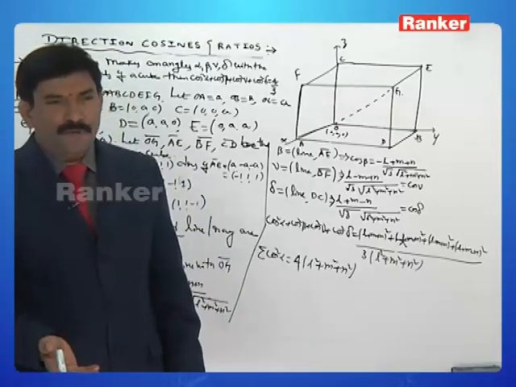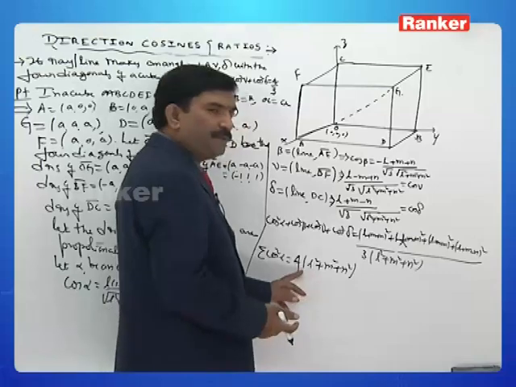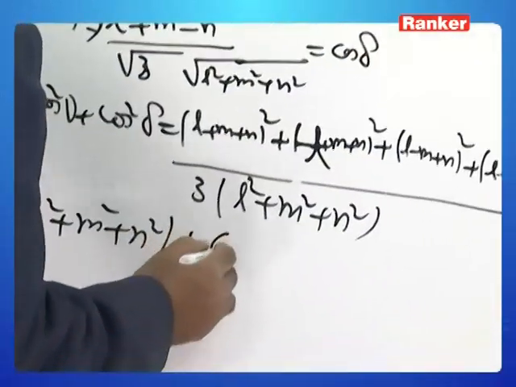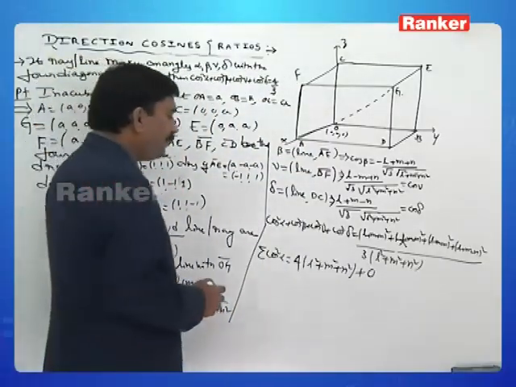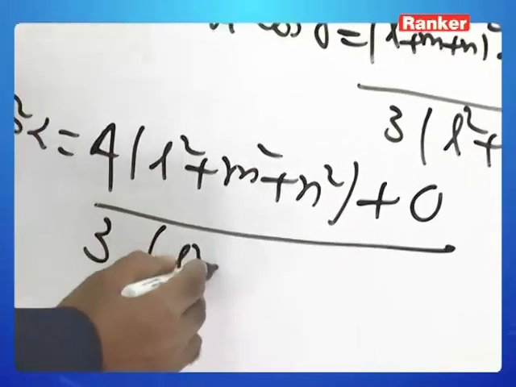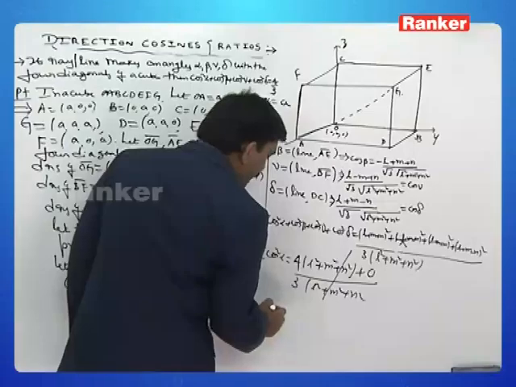So therefore we have arrived at 4 into L square plus M square plus N square plus 0 plus 0. So therefore now I can write whole divided by 3 into L square plus M square plus N square, which cancels.